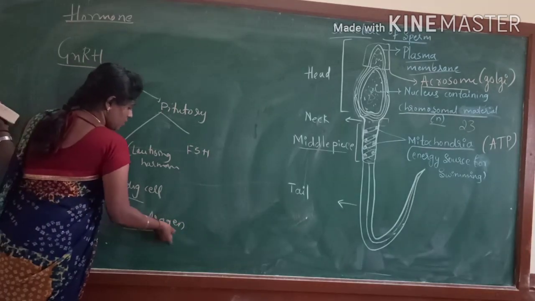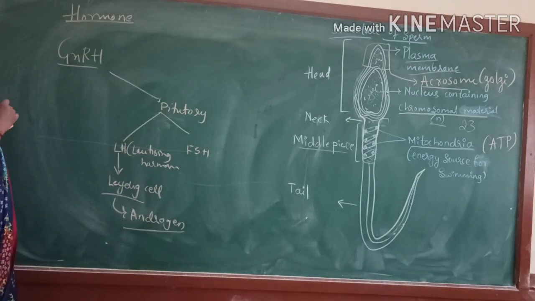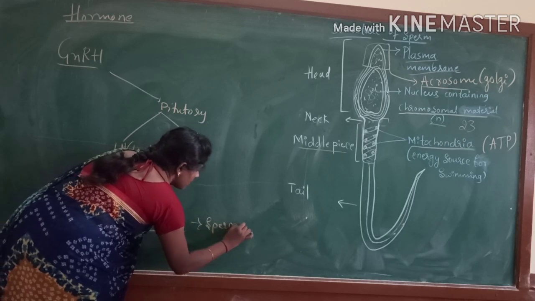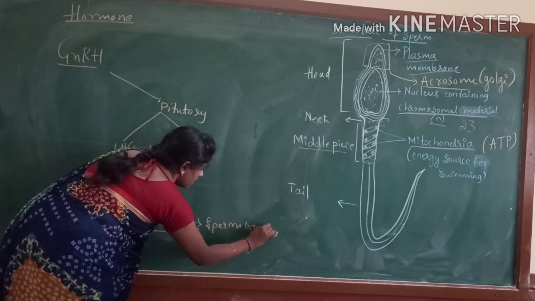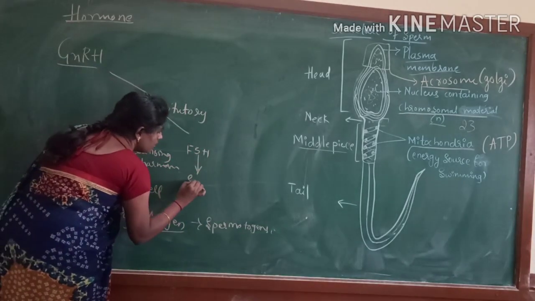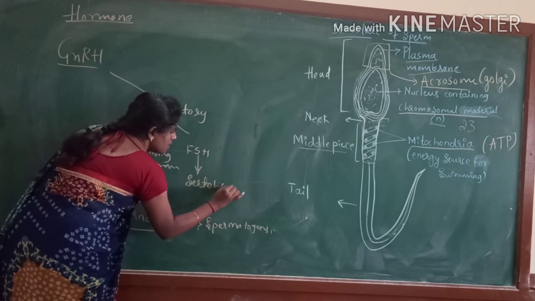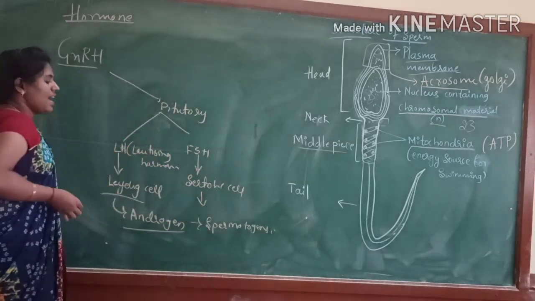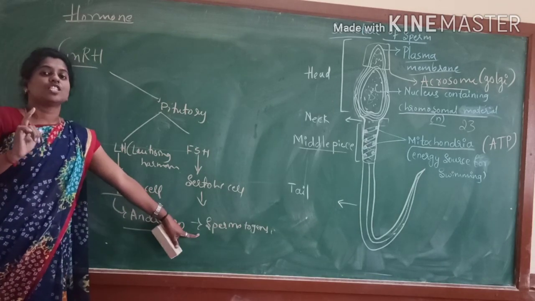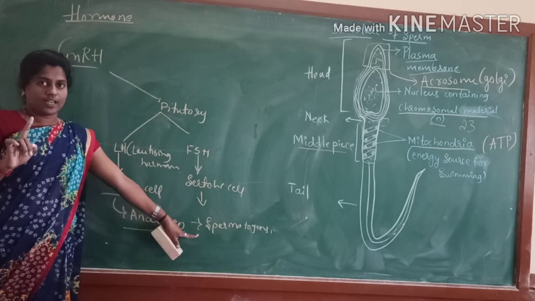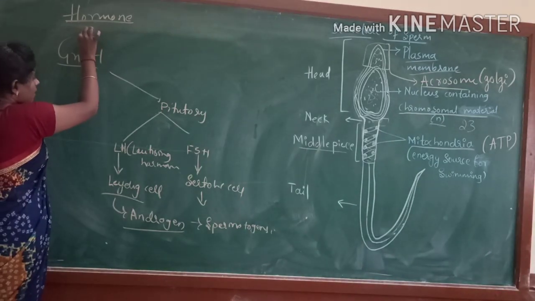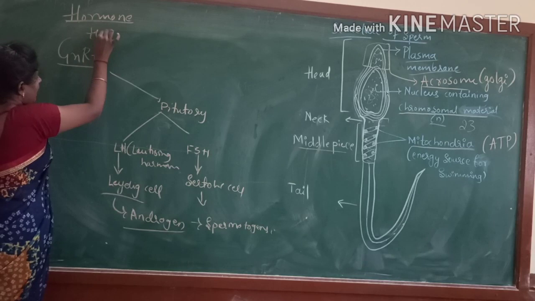And testosterone or androgen stimulates the main process of spermatogenesis. FSH stimulates the Sertoli cells, which help in nourishing the tissue and also secrete inhibin to control spermatogenesis. Understood?